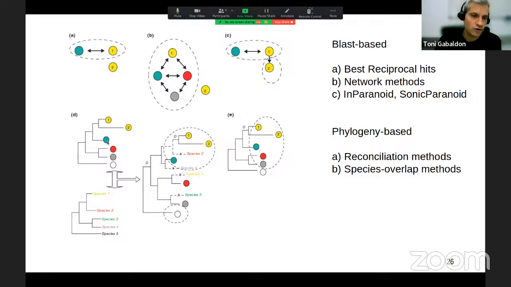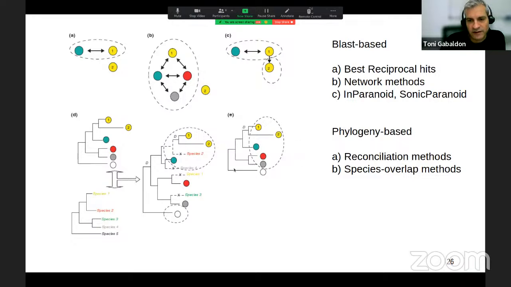And sometimes some models also allow for horizontal gene transfer. So by doing this reconciliation, you end up knowing which nodes had a duplication and which nodes are a speciation.